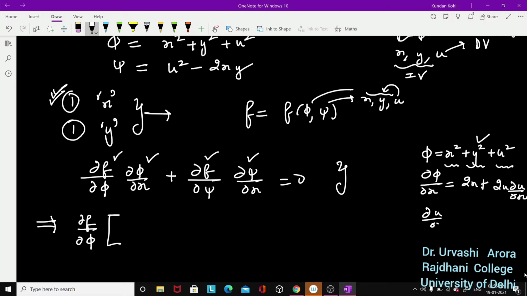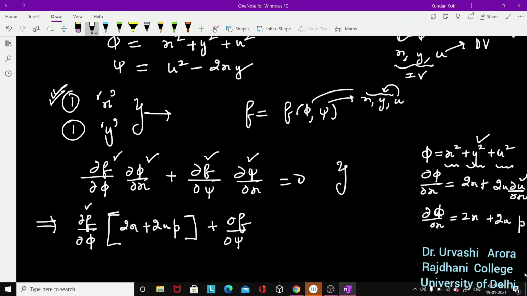So del phi by del x is given by 2x plus 2up, because del u by del x we are in the habit of denoting by p. So del f by del phi stays as it is, and del phi by del x is 2x plus 2up. This is the value. Then del f by del psi, this is as it is.